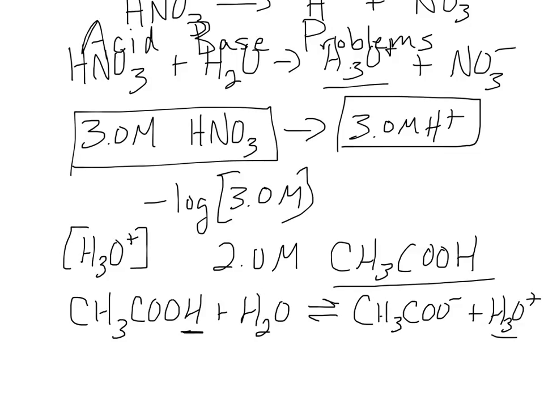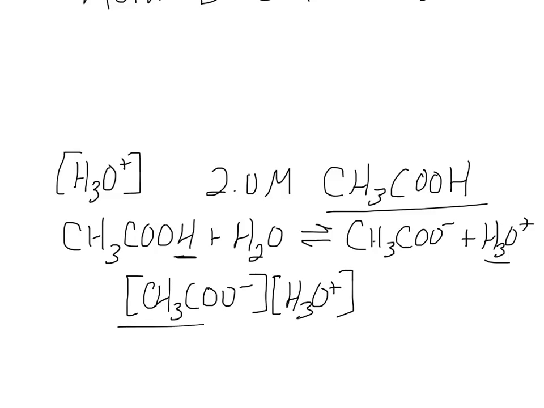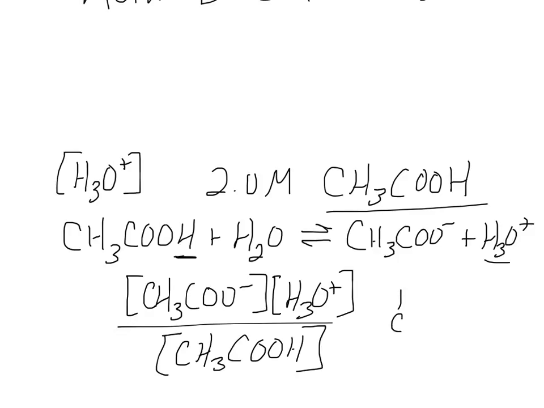So now that you have this, you can do your equilibrium expression where you put concentration of products over concentration of reactants, as we discussed in class. And then once you have that, you'd set up your ICE table based on the Ka given.